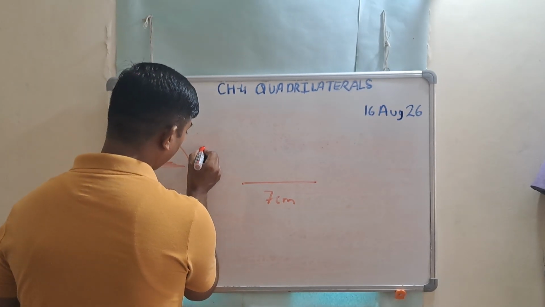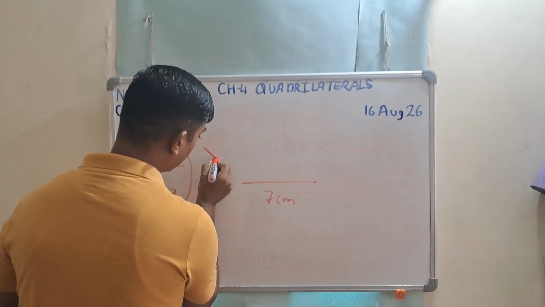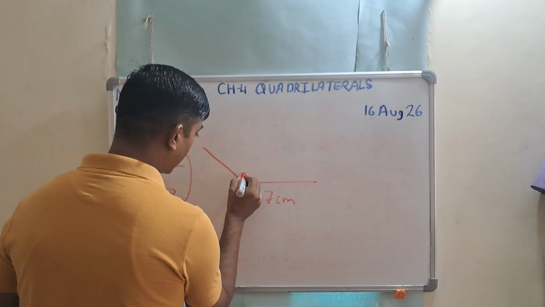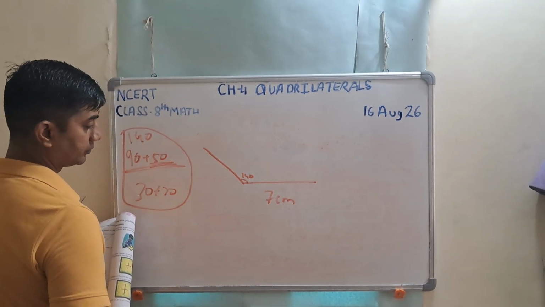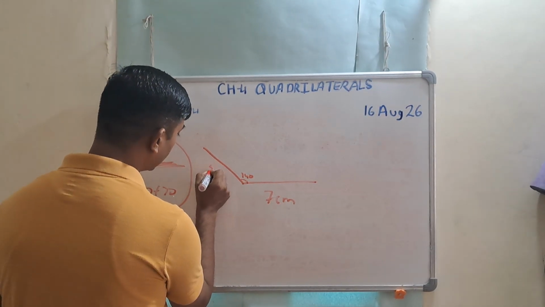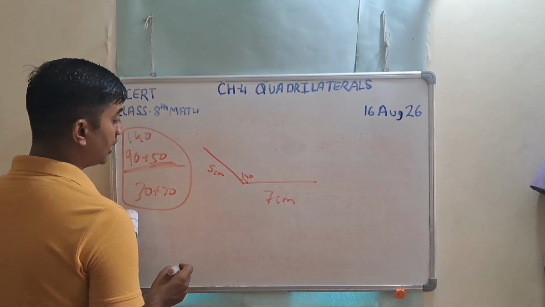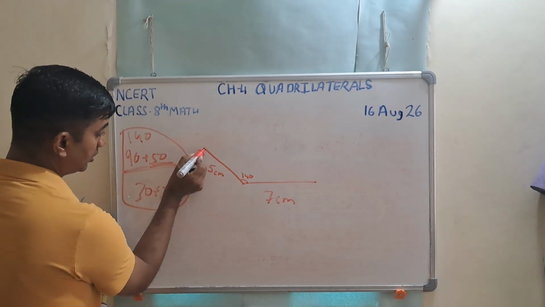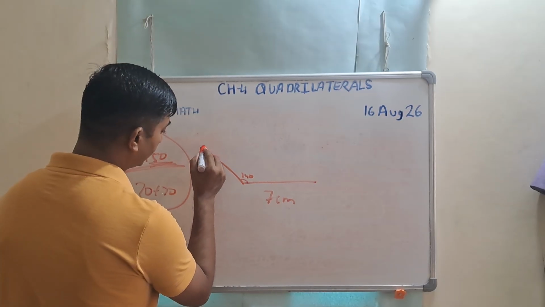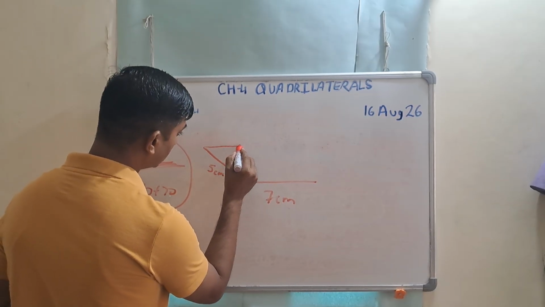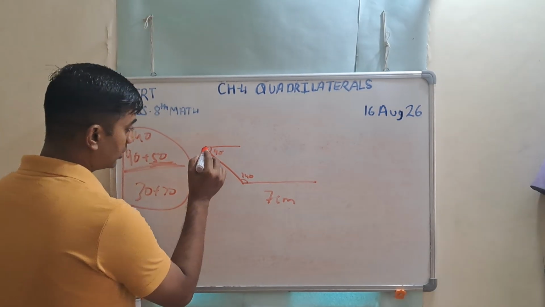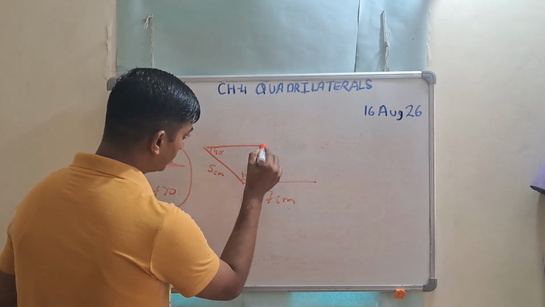Understood? This is 140. Then from here, this length should be 5 centimeter. Understood? After that, place your protractor here by keeping this as a base and draw an angle of 180 minus 40, that is 40 degree. Understood? And then increase this length up to 7 centimeter.